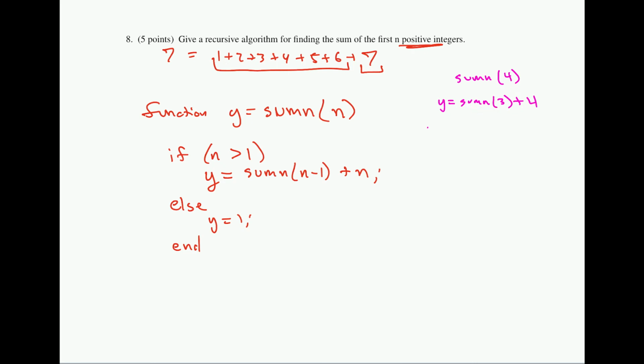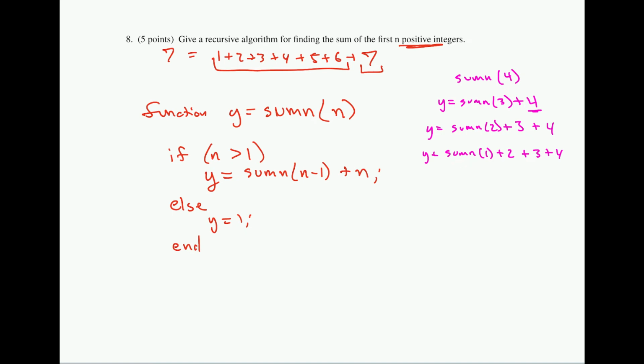It is sum n 2 plus n, which is 3. But then there was already this 4 here. And then how would you calculate sum n 2? Well, sum n 2 would be sum n 1 plus 2, and we already had the 3 and the 4.